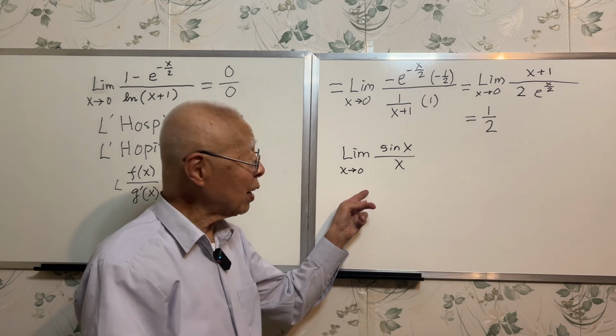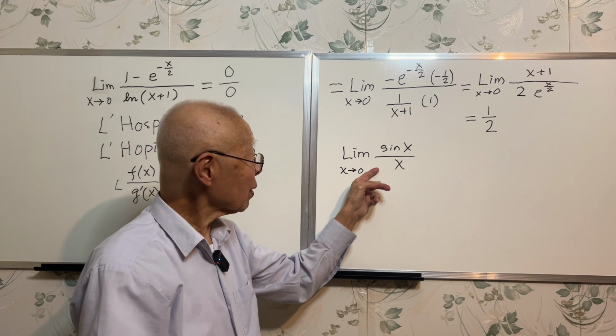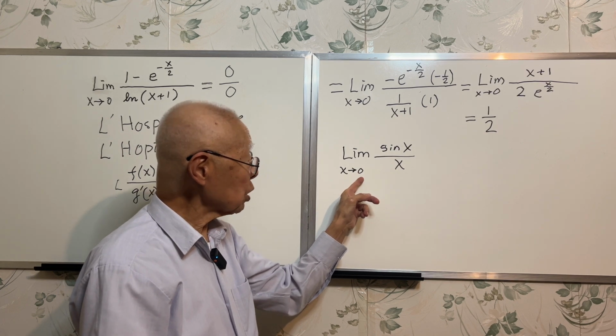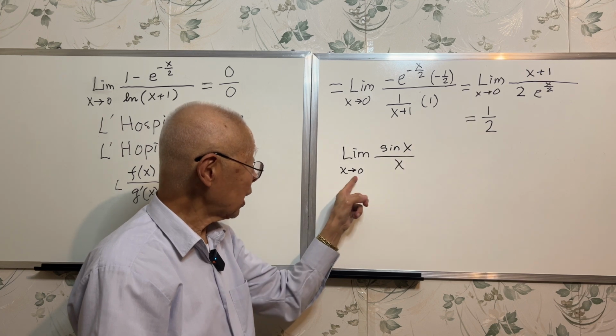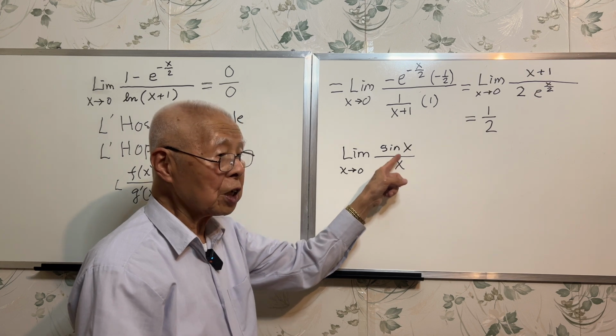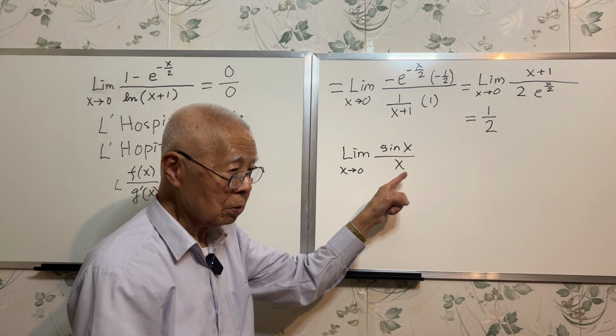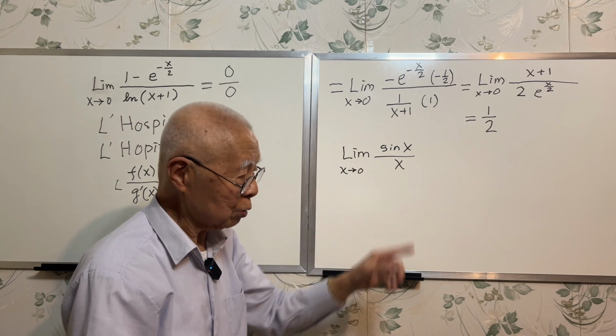This limit is very common when you do trigonometry. When x goes to 0, the numerator goes to 0. When x goes to 0, the denominator goes to 0. So it is 0 over 0. Then we use L'Hopital's rule.